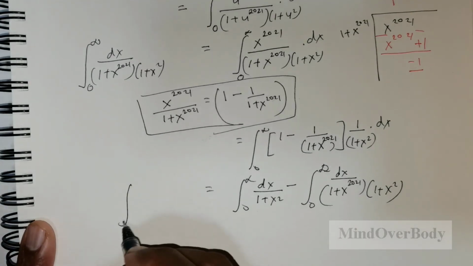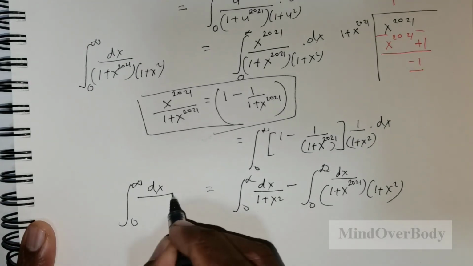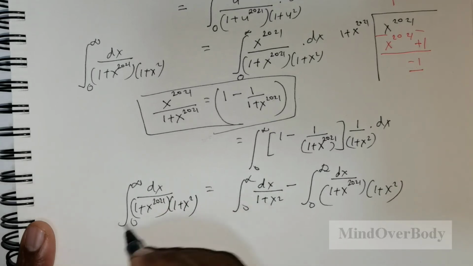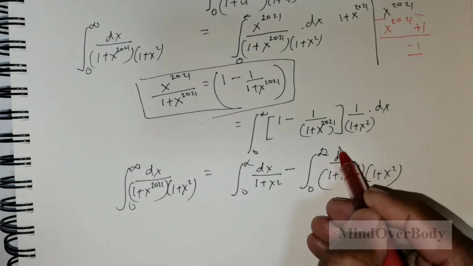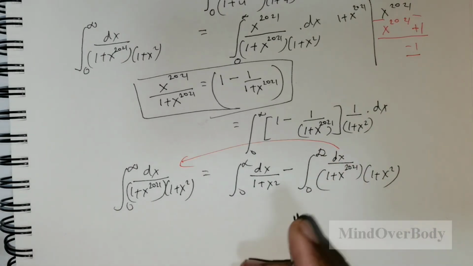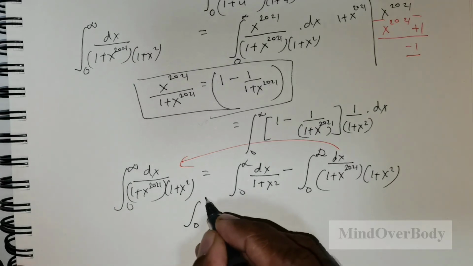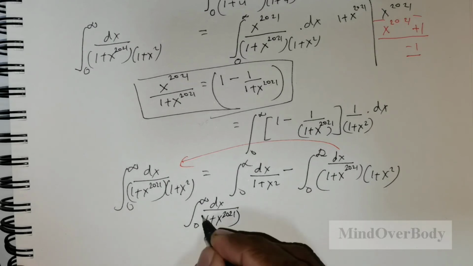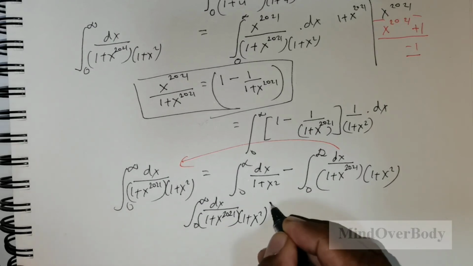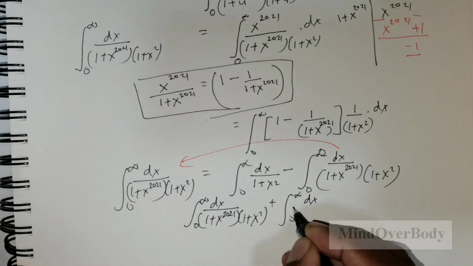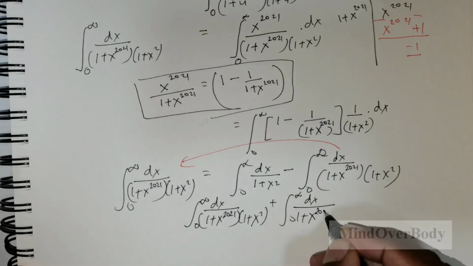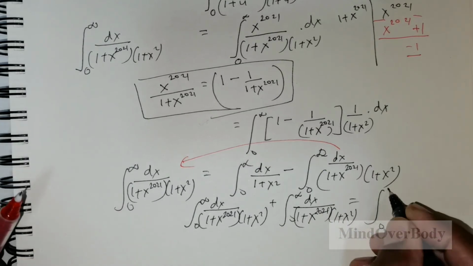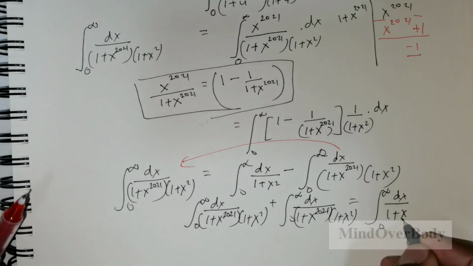Now on the left I have the integral from 0 to infinity of dx over (1 + x^2021) times (1 + x^2). Now I'm going to move this negative sign to the left. That would give me the integral from 0 to infinity of dx divided by (1 + x^2021)(1 + x^2), plus the same integral, is equal to the integral from 0 to infinity of dx divided by 1 + x^2.